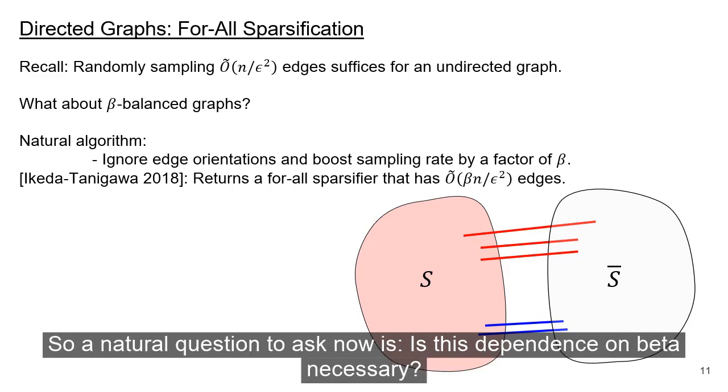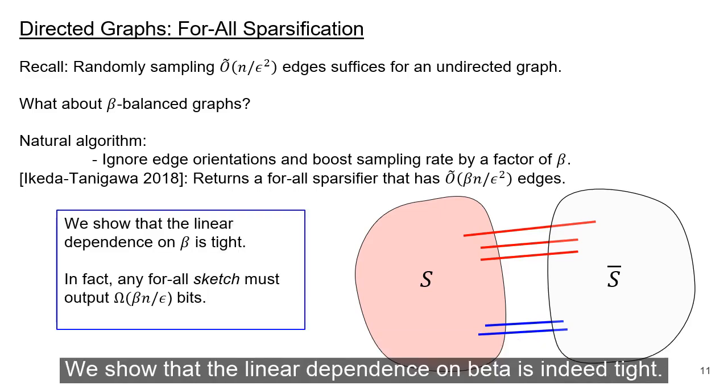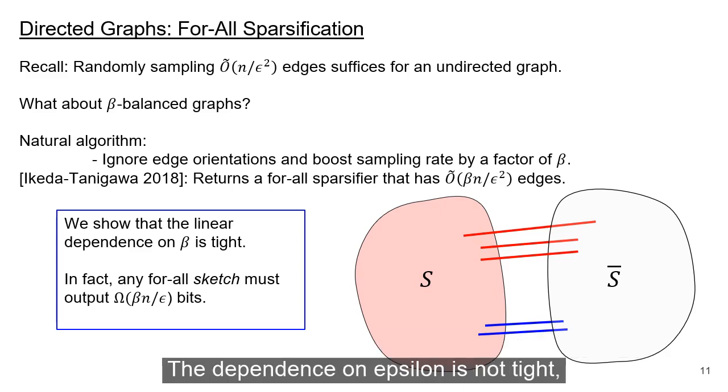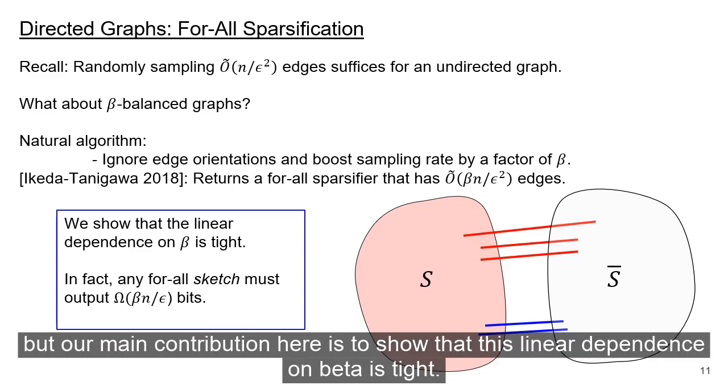So a natural question to ask now is, is this dependence on beta necessary? We show that the linear dependence on beta is indeed tight. In fact, we show that any for-all sketch, so not just a sparsifier, must output at least beta n over epsilon bits. The dependence on epsilon is not tight, but our main contribution here is to show that this linear dependence on beta is tight.